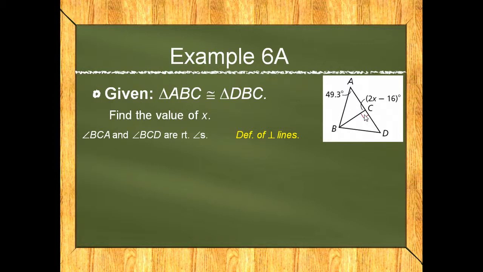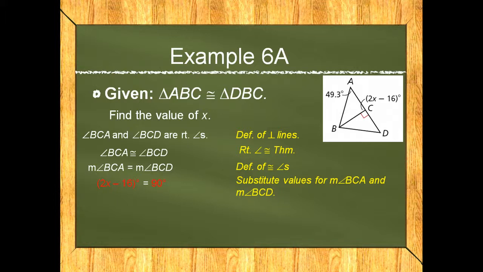If one of them is a right angle, the other must be, because they are supplementary. These are perpendicular lines. So BCA is congruent to BCD. That's the right angles congruence theorem. So the measures of BCA and BCD must be the same, and that's just by definition of congruent angles.